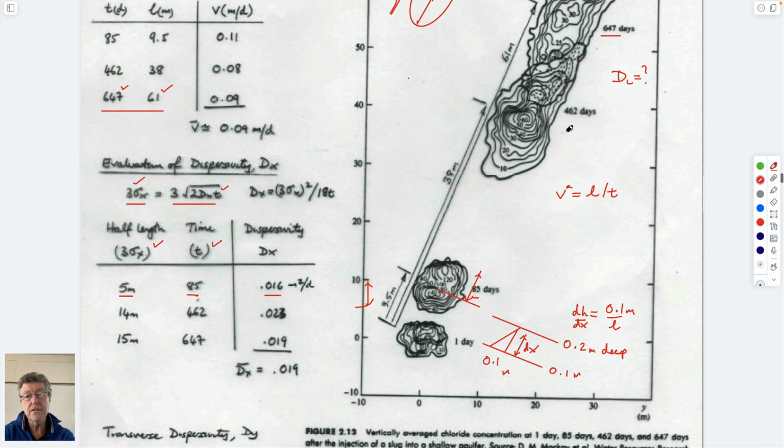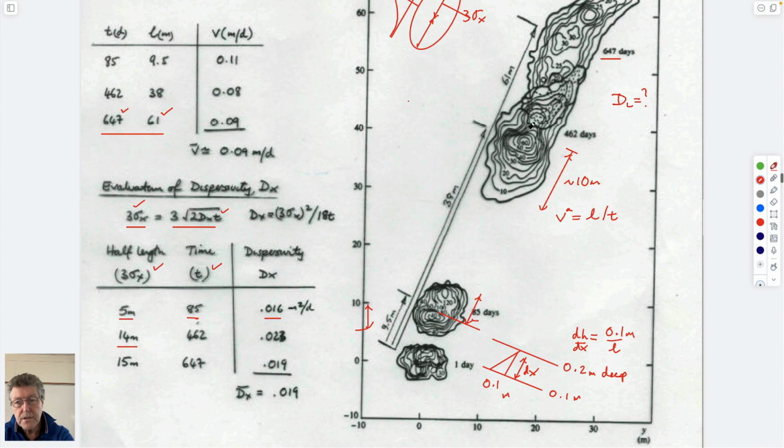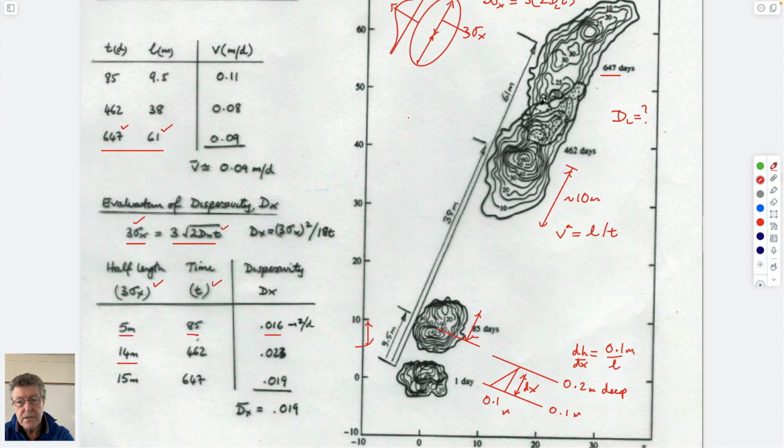If we do the same for this, after 462 days, the longitudinal 3 standard deviations would be equal to about 10 meters, I guess. 14 meters, I've written down here. It depends where you take the center of mass. This is the outline, so maybe it's here.